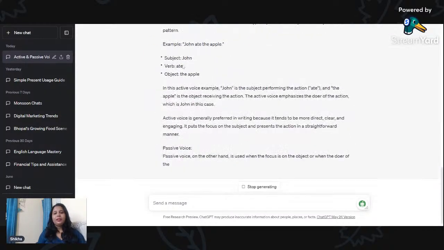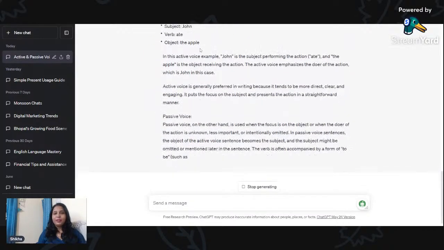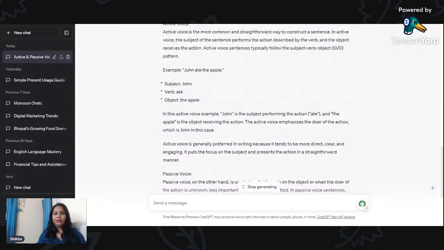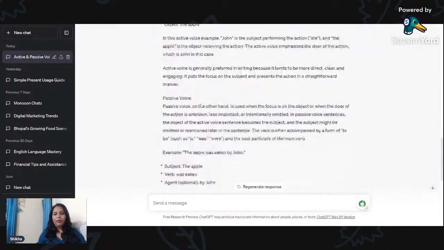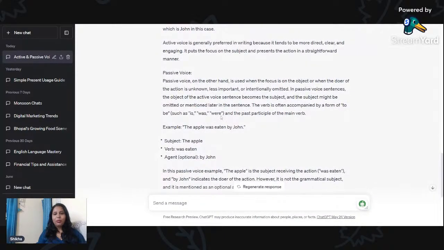Now, see, this area was missing in our previous explanation. Here they are telling you that the subject is John, the verb is ate, and the object is the apple. And in this explanation, they have also written that active voice sentences typically follow the subject-verb-object, that is SVO pattern. Now, when it is passive voice, what is the pattern?